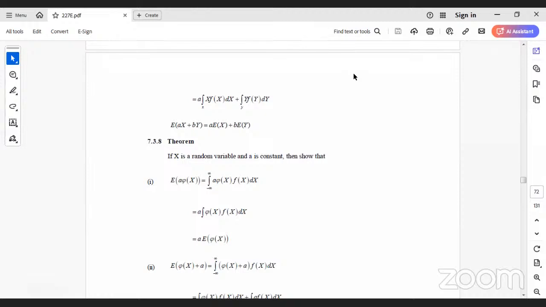See here, a is the constant, so a into the integration of phi(x) f(x) dx, that is a into E of phi of X. So therefore the condition should be the same here.